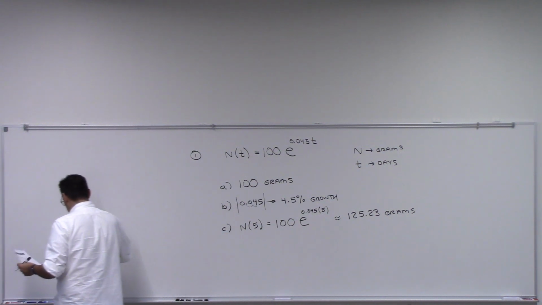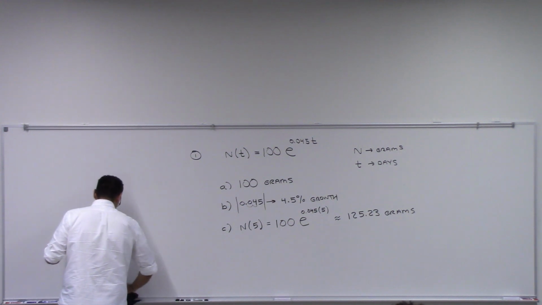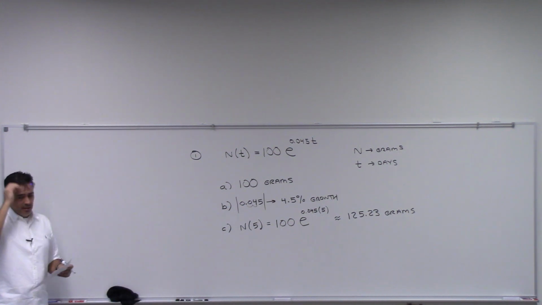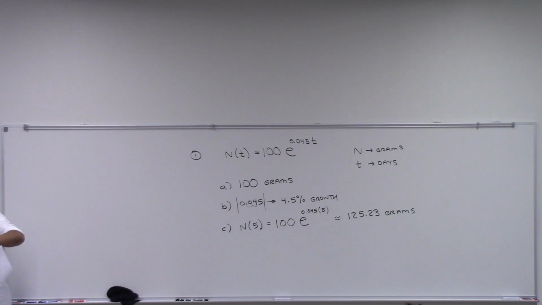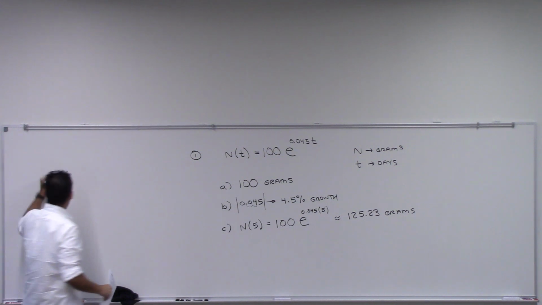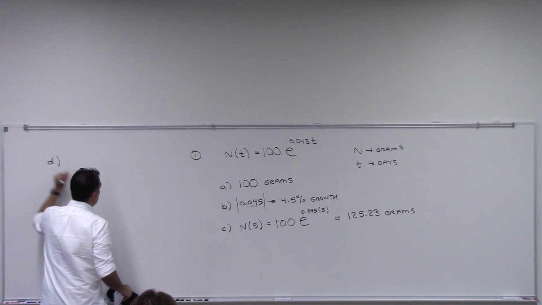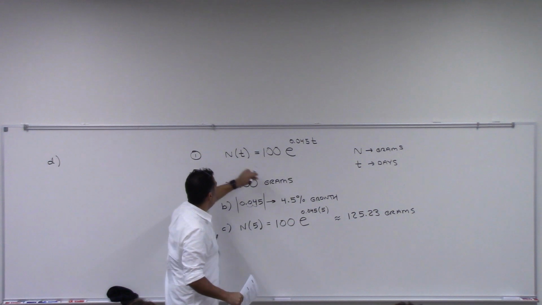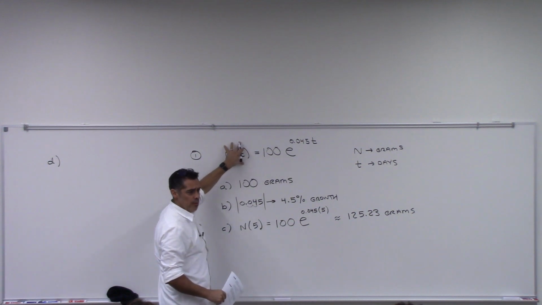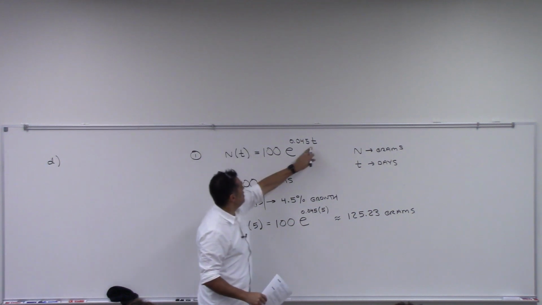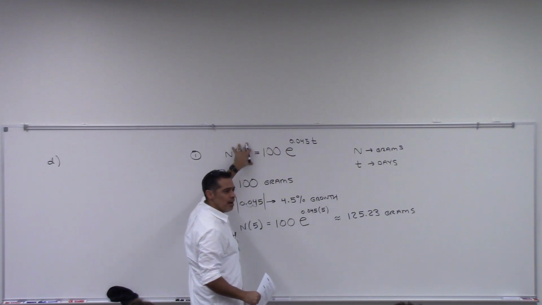We were asked how much is there after 5 days. This is saying how long, right? How many days does it take to actually get to 140 grams? So what I'm going to do is take my generic equation. I want to know when this is going to equal 140, right? I want to know what T I plug in here to get a 140 right here.